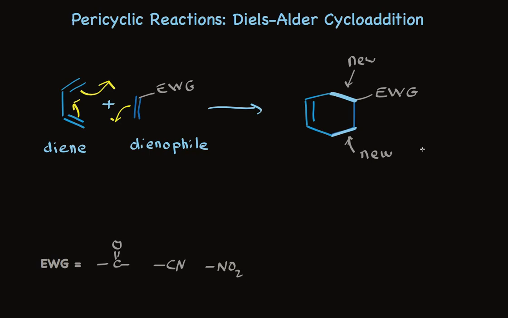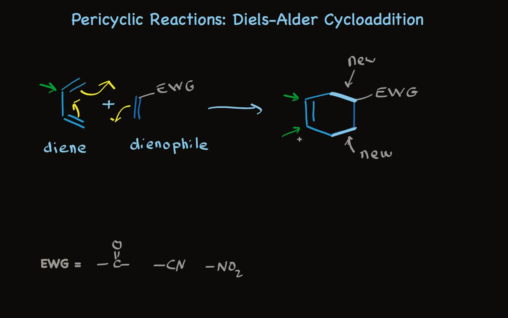Now I don't intend to get into it, but let me point out that if the diene had a substituent on it, for example here, this carbon could end up here, as you would guess, or that diene can flip around and that substituent could end up here. So there are two possible regioisomers that can form.